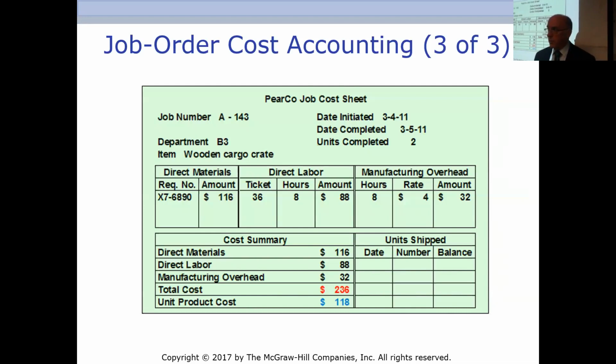It's stuff that you just bring in before you start doing anything to it, before you put it in process. And then when it's in process, but not completed yet, it's called work in process inventory, or some companies call it work in process, work in progress. Different textbooks call it different things. And then when it's finished, it's called finished goods inventory.